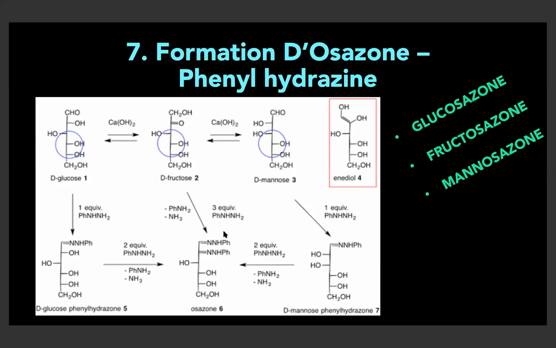Then we have the second one here, which is fructose. When fructose is reacted with phenylhydrazine, it's a D, so we're going to have D-fructose phenylhydrazone, which can also be called fructosazone.